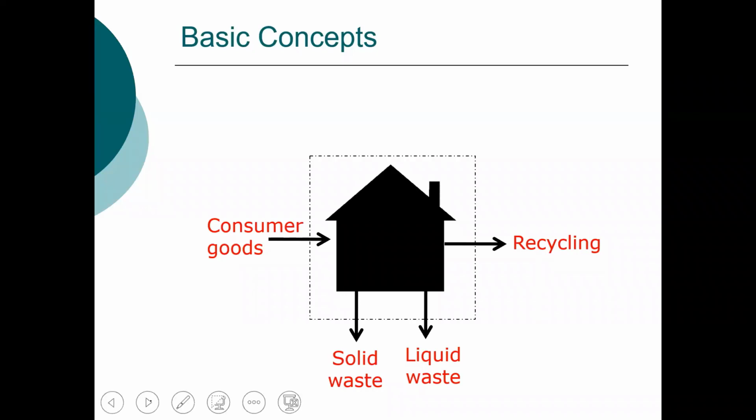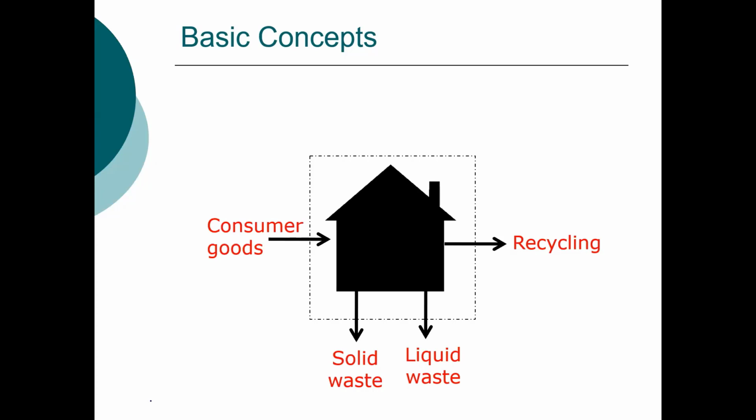The first thing we want to do is define the system boundary. So in this case, it's the house. The system boundary could be the subdivision, so we could look at a whole group of houses. It could be your own bedroom within an apartment.